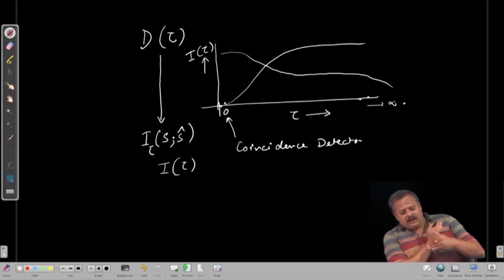So, in another example, we will see later on that this coincidence detector can also be thought of in another way, that is, the neuron responds only when it gets coincident inputs from two synapses.